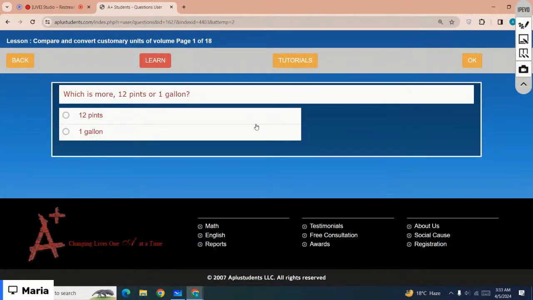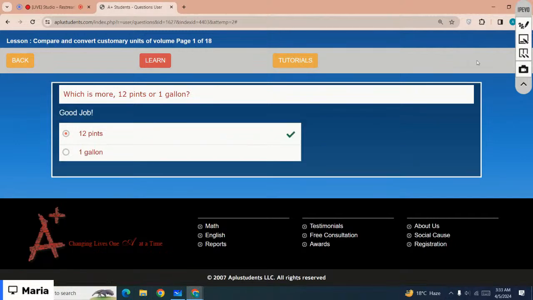Which is more, 1 gallon or 12 pints? Which is the correct option? 1 gallon equals 8 pints, right? So obviously 12 pints is more than 1 gallon. The correct option is 12 pints.